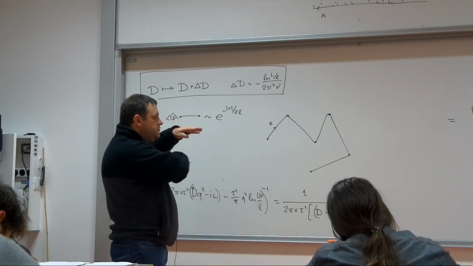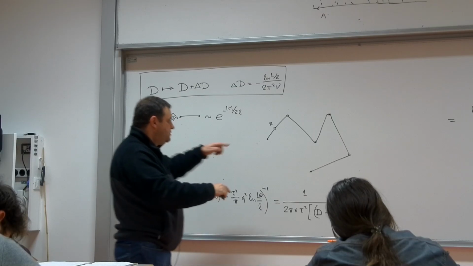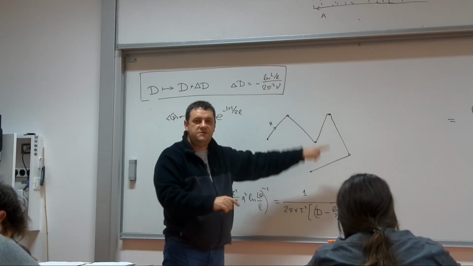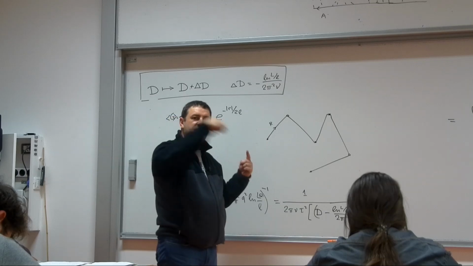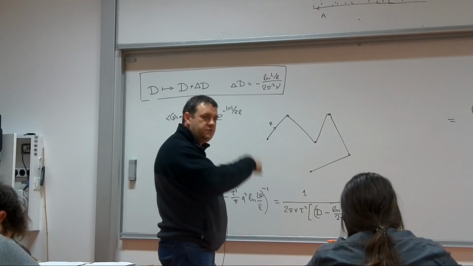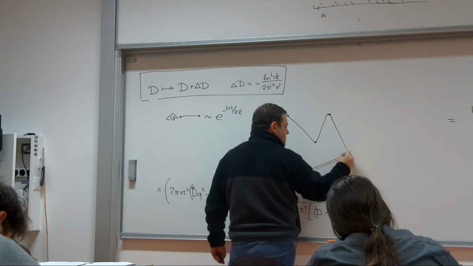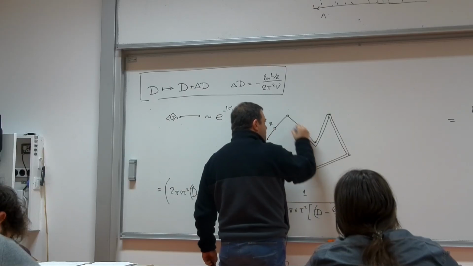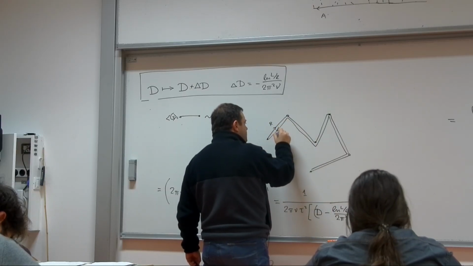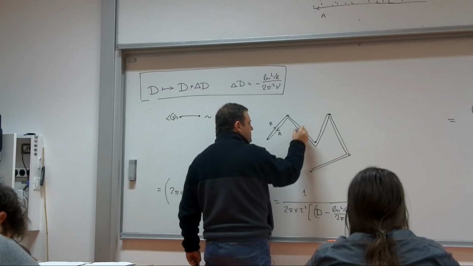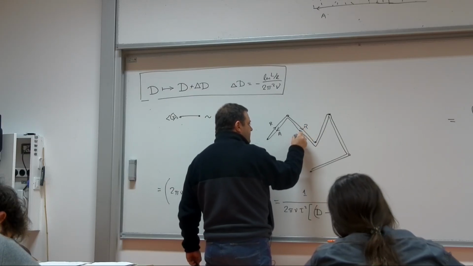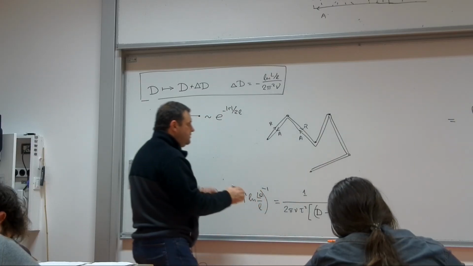Now, for the diffusion, I have a second line, which is advanced and which goes through the same impurities, but in the reverse order with the arrow pointing in the opposite direction. It scatters on the same impurities, goes in the opposite order with the advanced function. What does it mean?